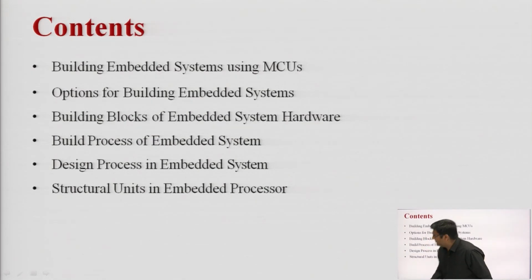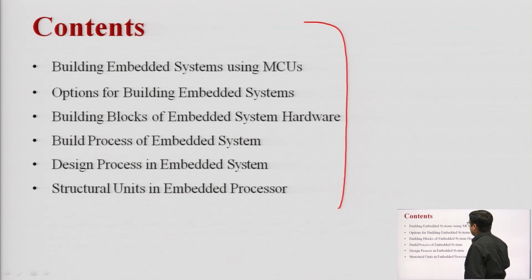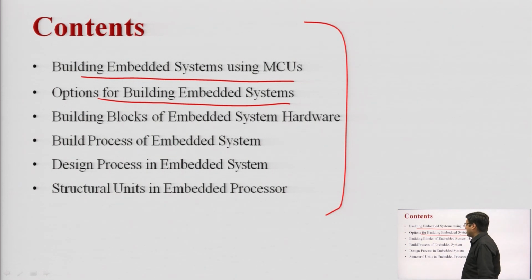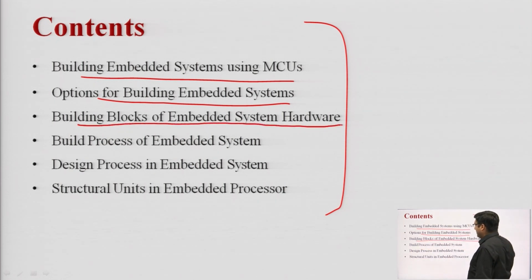We will discuss this table of contents. First is building embedded systems using microcontrollers: how we can build any embedded system, what the various options and criteria are to build a particular embedded system. What are the building blocks of embedded system hardware, the main building blocks used in any embedded system application.